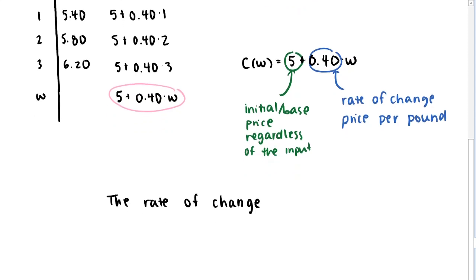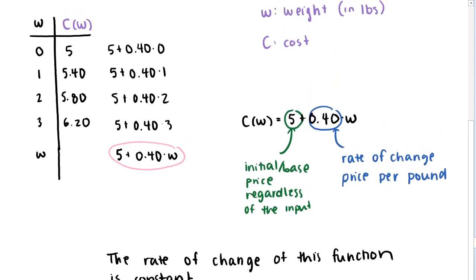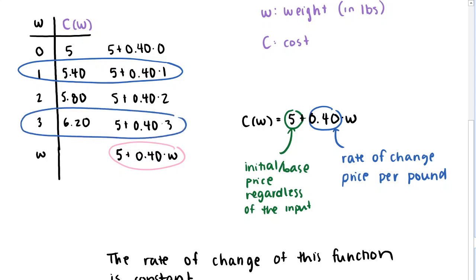And so here, the rate of change of this function is constant. This rate of change is not changing, right? So if I compute the rate of change, if I look at let's say I take this point here, and maybe let's do this point out here, and I compute the average rate of change between these 2 points.